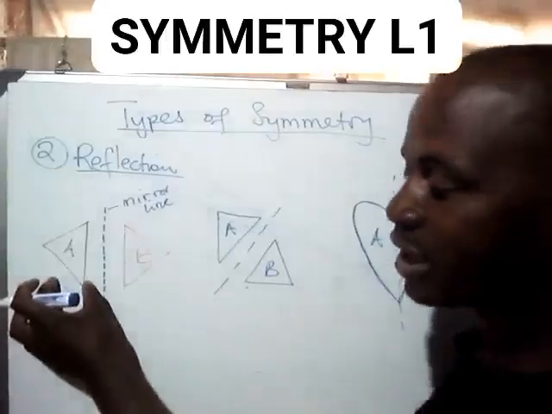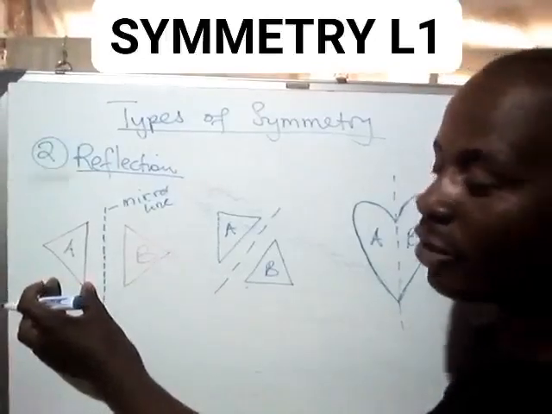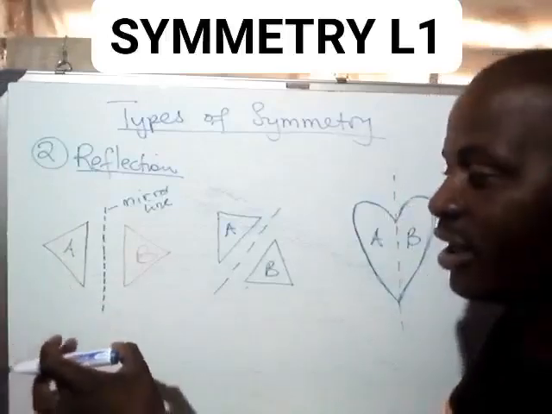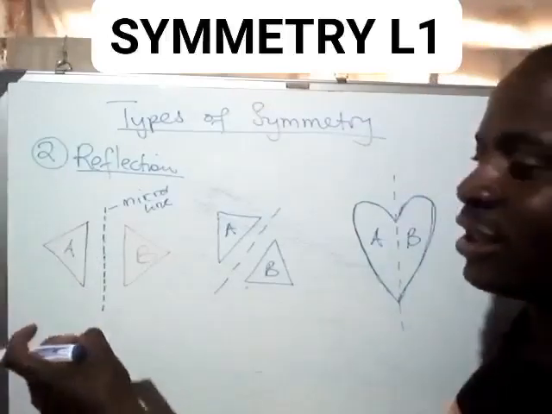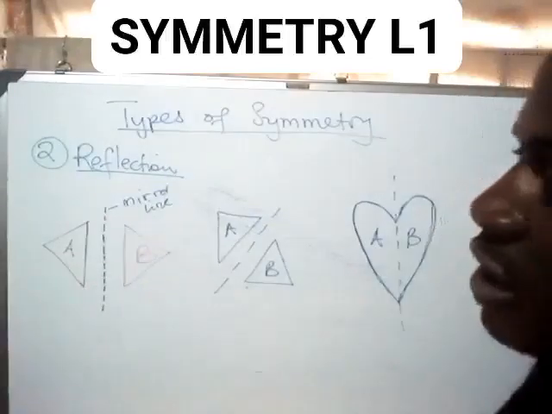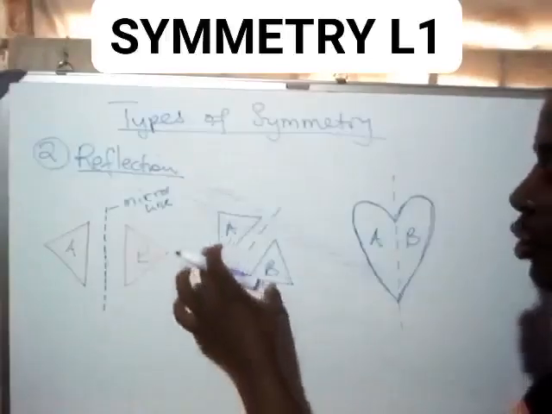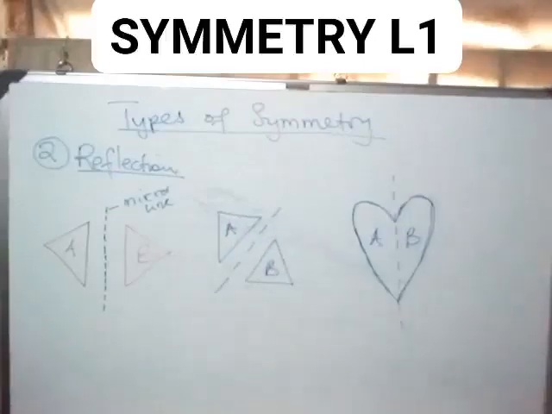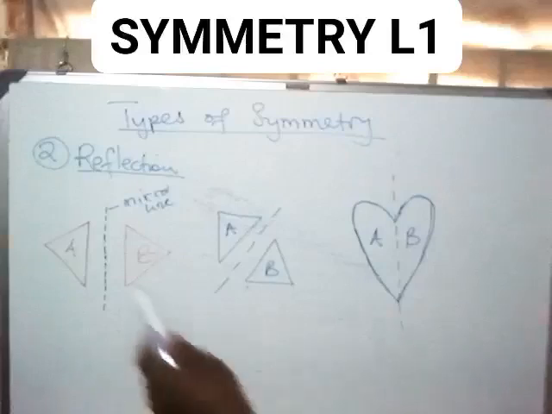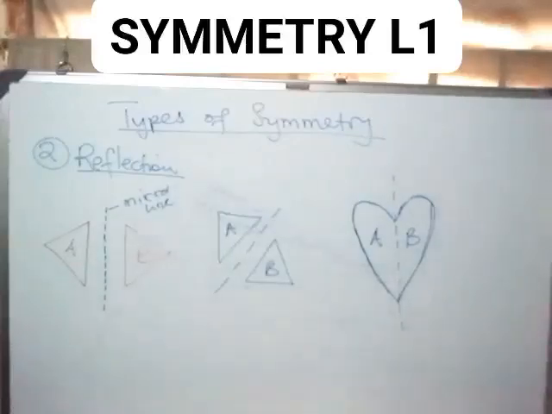If we place this triangle A here, because there's a mirror here, it will reflect exactly the shape in the mirror. That one is known as reflection, because there's a mirror line in between which has made these shapes reflect on the other side of the line.